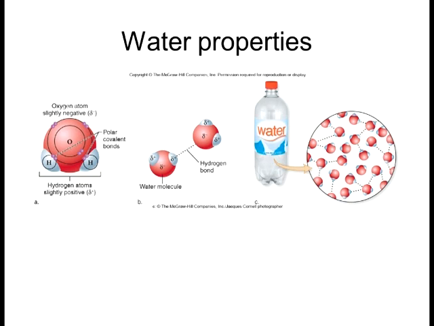Now, before you imagine that water is the only one that creates hydrogen bonds, let me show you where else hydrogen bonds are found. So let me show you water here, because our next lecture is on the properties of water. And in fact, the majority of the properties of water are due to hydrogen bonding, this weak attraction between the polar molecules.